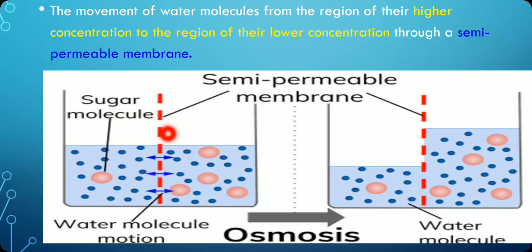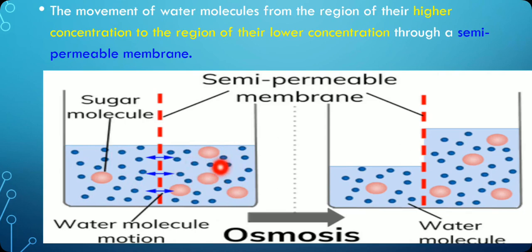So here a semi-permeable membrane is kept, and here you can see that the water is there, and here again the water is there, but this rounded substance is a sugar molecule, and here there are more sugar molecules. So here we can consider that there are more water molecules, and here there are fewer water molecules. Why is it so?